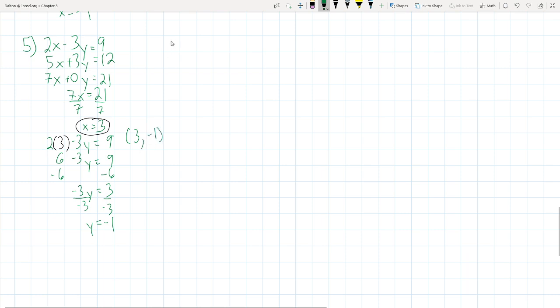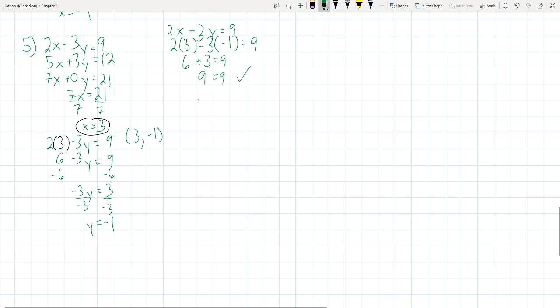Plug those in. So 2 times 3 minus 3 times negative 1 is supposed to equal 9. So 2 times 3 is 6. Negative 3 times negative 1 is positive 3, equals 9. 6 plus 3 is 9, equals 9.